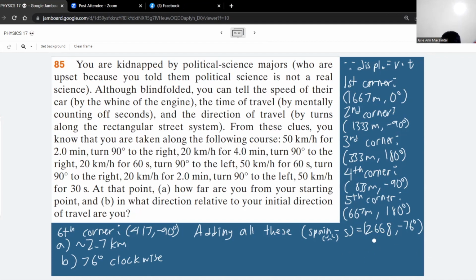Kasi kung hinihingi ng teacher mo yung justification, kailangan mo pakita, kasi calculator yung gumawa. Kaya minsan binibigay na show explicitly yung calculation of the components, kasi gusto malaman kung alam mo ba talagang gawin. Okay, sige. Anyway, let's go from 85. Let's go to the next one.